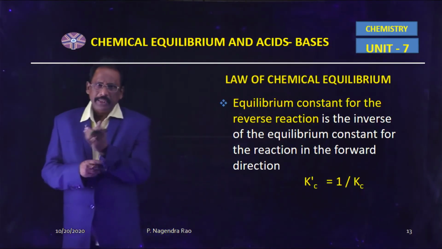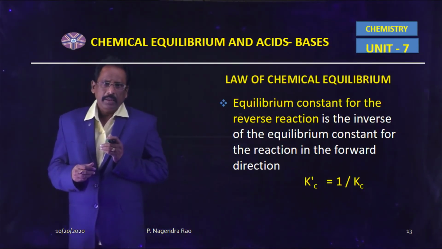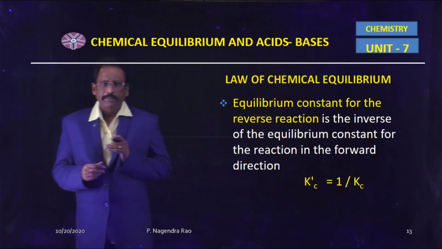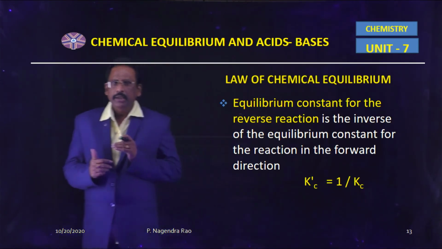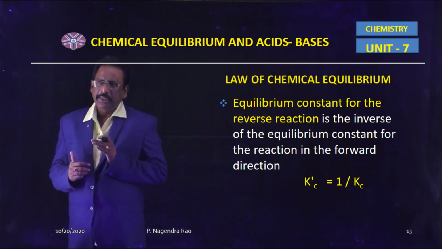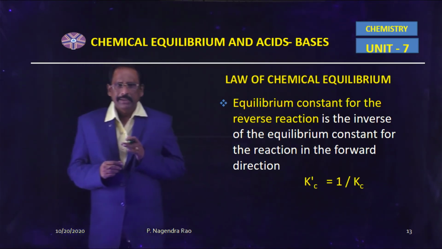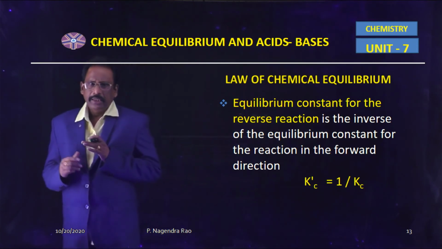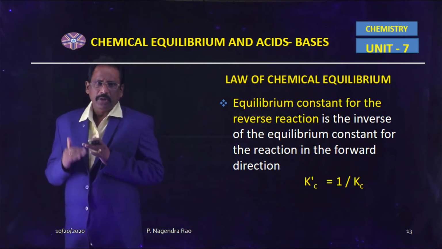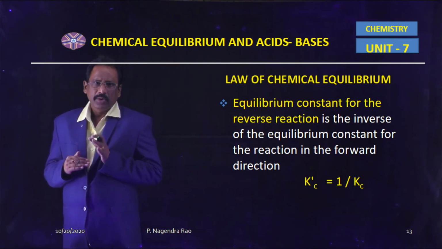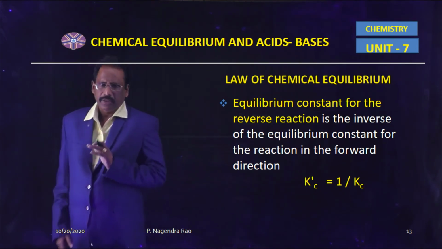And the next one is, according to the law of chemical equilibrium, the equilibrium constant for the reverse reaction is the inverse of the equilibrium constant for the reaction in the forward direction.